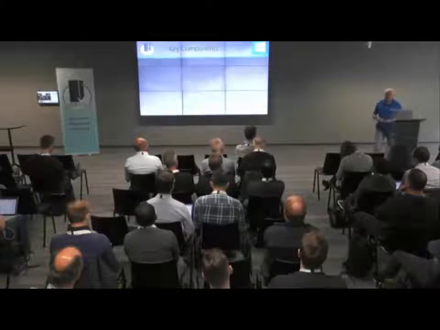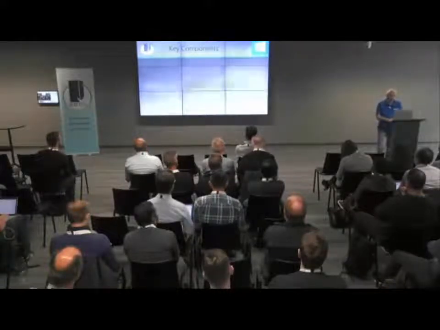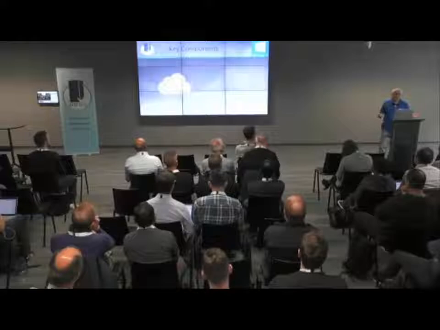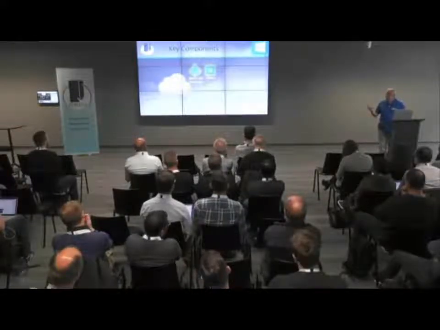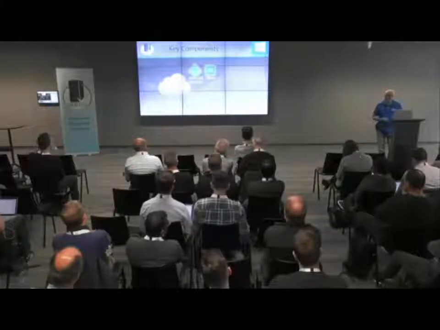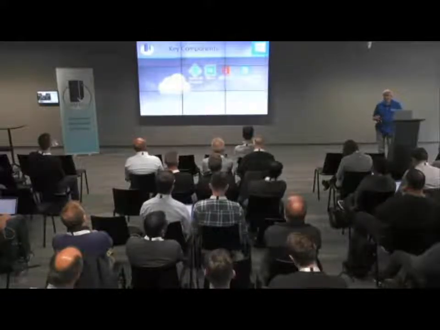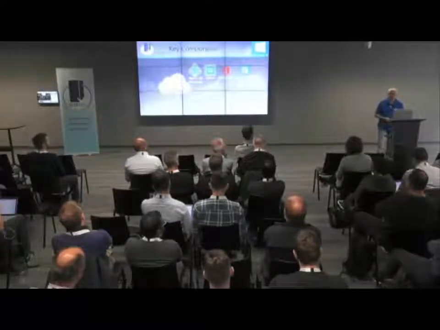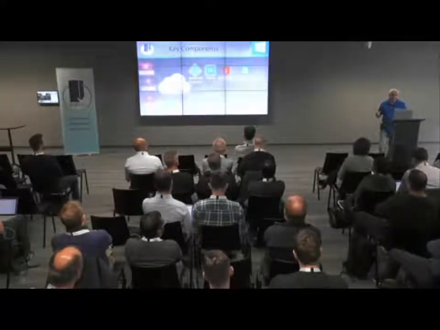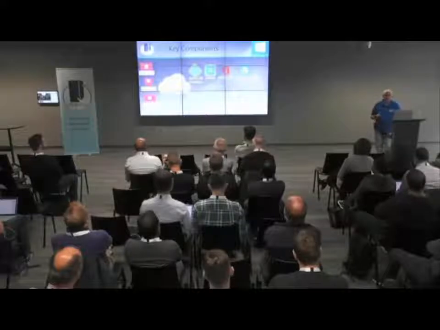So the first thing, let's introduce the components involved. First, we have the Microsoft Cloud, which contains many services. We have Azure AD, Intune, Office 365, and Microsoft Store for Business, which all work together in an integrated fashion to manage your devices. And then we have Windows 10 computers.